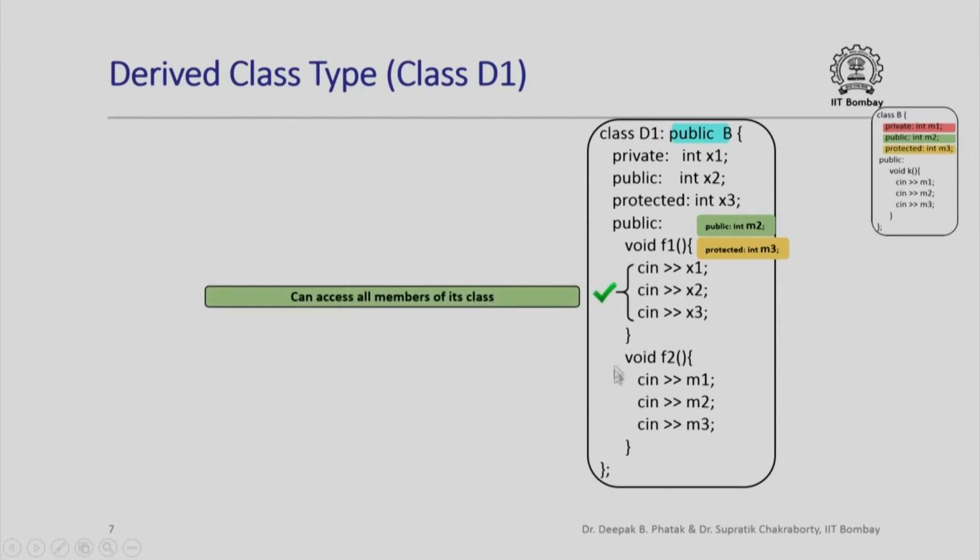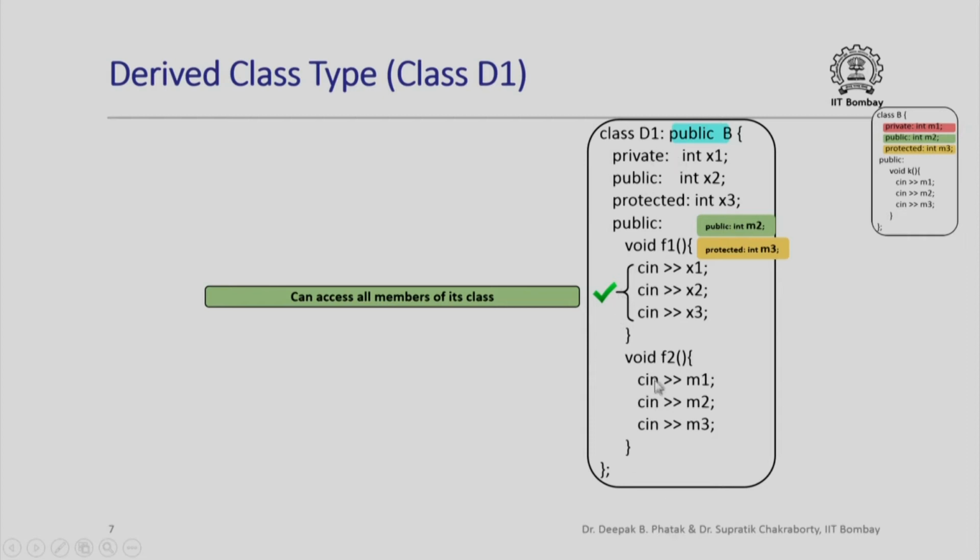Since here I am trying to read data members of the class D1, declared within the class D1, this function is fine. This member function can certainly access all the data members defined within this class.